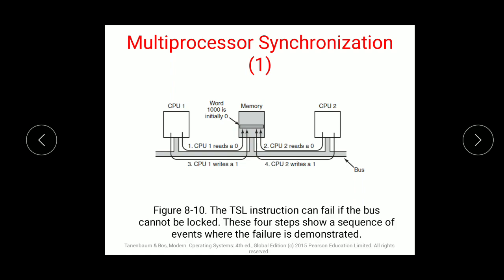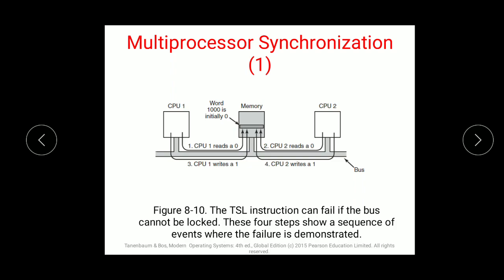In step 2, before CPU 1 has a chance to rewrite the word to 1, CPU 2 gets in and also reads the word out as 0. So both of them enter one after another.